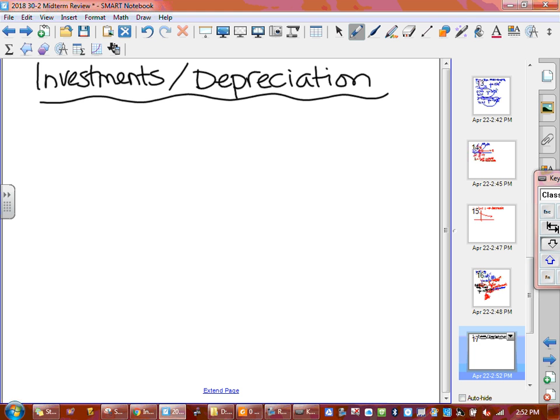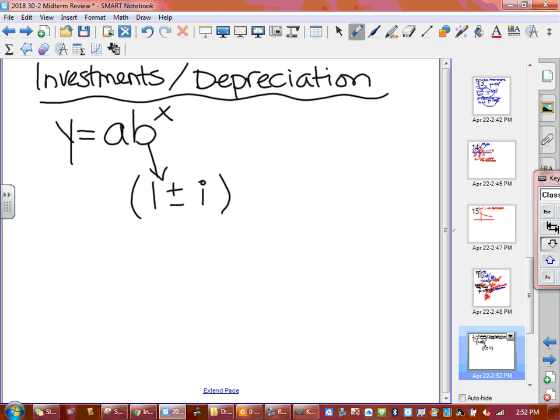And this is the last thing for this, second last thing I should say. So they again take this equation, y equals a times b to the x. They take that equation and they change the b and they make it into 1 plus or minus the interest rate.